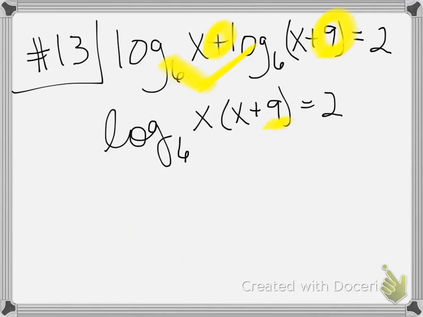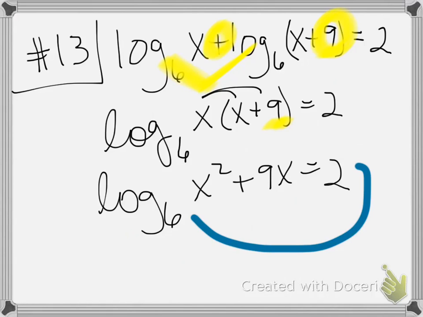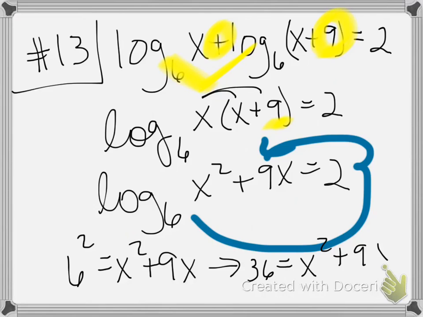Once you change it, though, we get log base 6, x times x plus 9, we're going to distribute. Now we have a logarithm, so I'm going to use 6 to the second power equals x squared plus 9x, I meant to say earlier. So 36 equals x squared plus 9x.